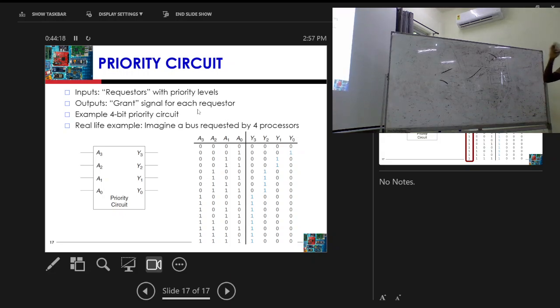A3, A2, A1, or A0? Pay attention to the table. Why? Which one, when it requests, will be granted no matter what, no matter the other inputs?